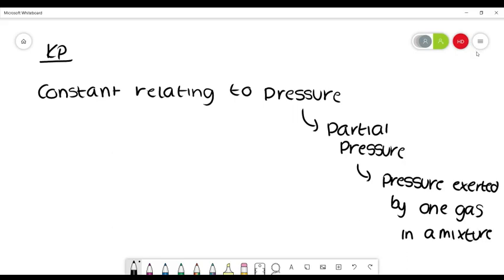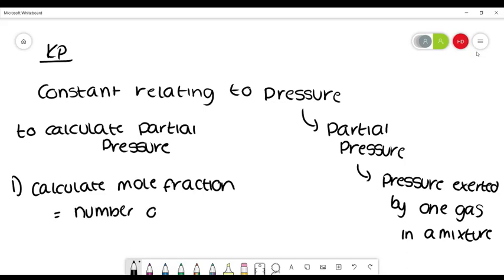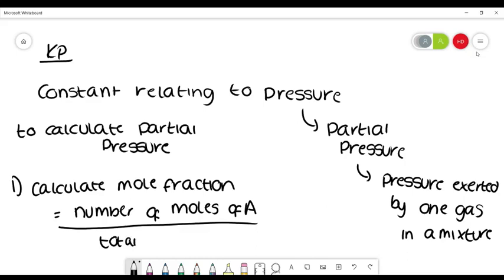To calculate partial pressure, first we need to calculate the mole fraction, which equals the number of moles of whatever you're using, we'll call that A, over total moles.